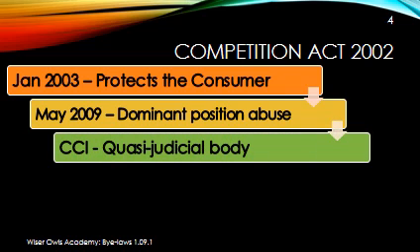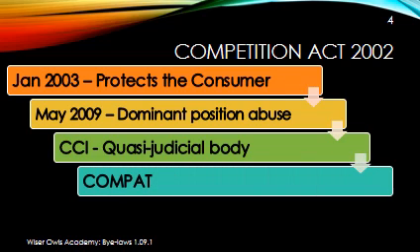In essence, this act created a new body called the Competition Commission of India, which is a quasi-judicial body. It can pass rulings and it has the force of law. The only way to challenge their judgment is by another body which was formed as a consequence of this act, and that is known as COMPAT, or Competition Appellate Tribunal.